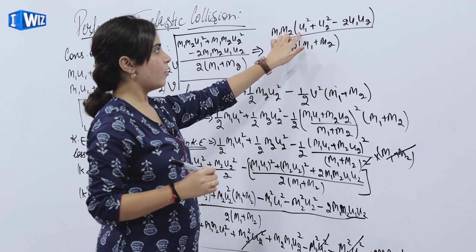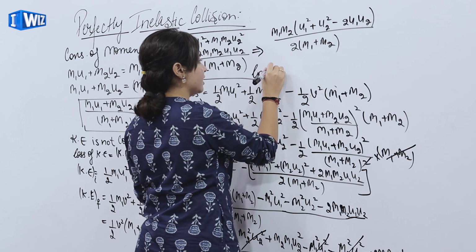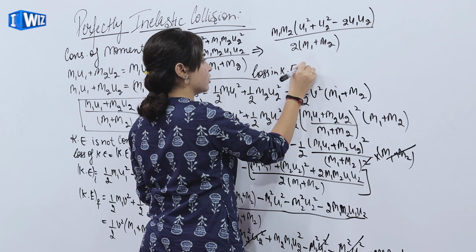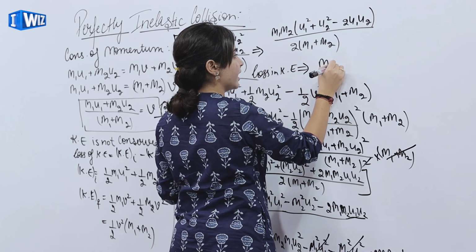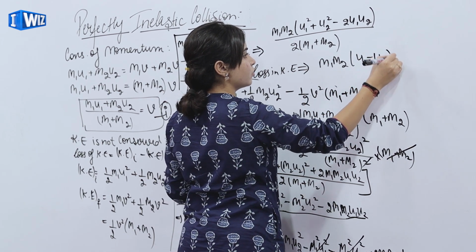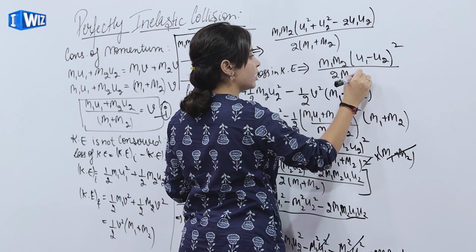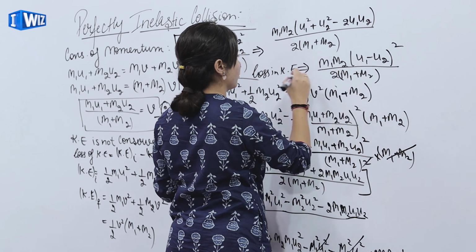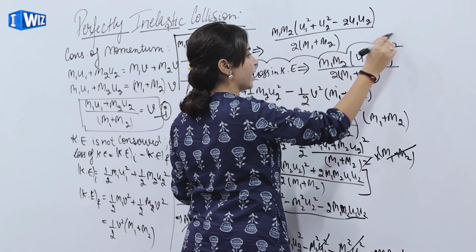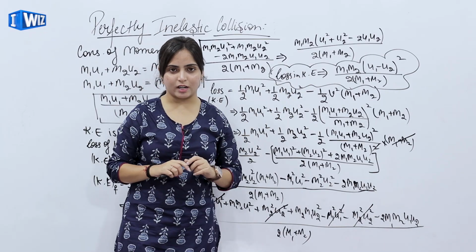So the loss in kinetic energy is equal to m1 m2 (u1 minus u2) square upon 2 (m1 plus m2). This is my final loss in kinetic energy for inelastic collision.